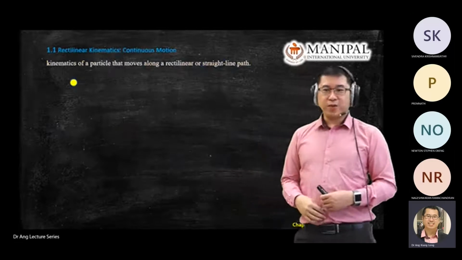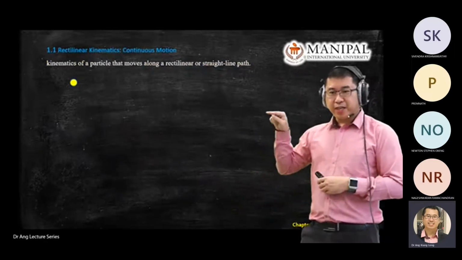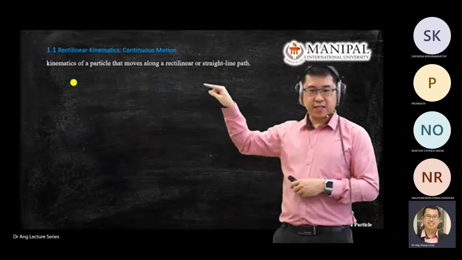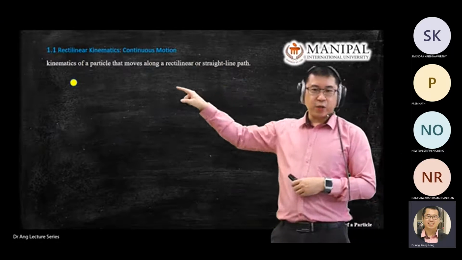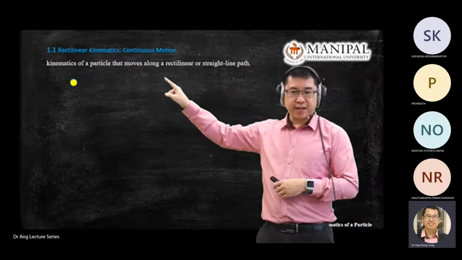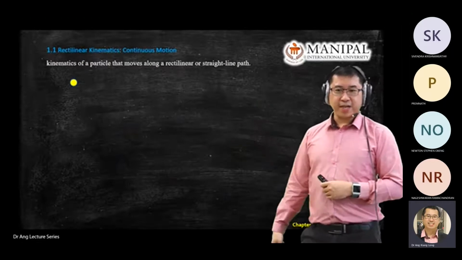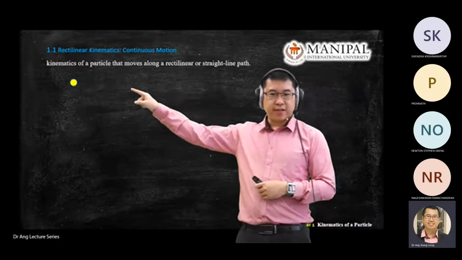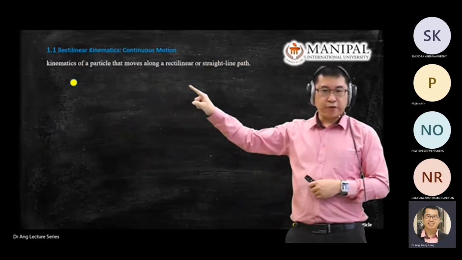Now this morning we start with a very simple case where the particle moves in a straight path. As we learn deeper, you will see that the particles start fluctuating and moving in a complex behavior. So today we start with a simple motion where this particle moves in a straight line.